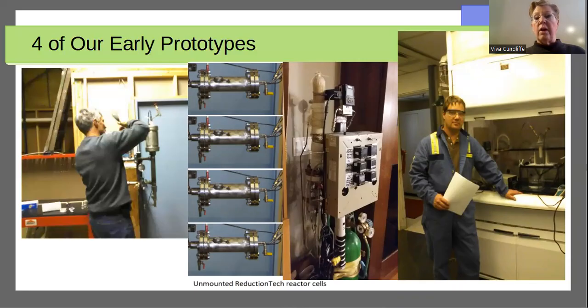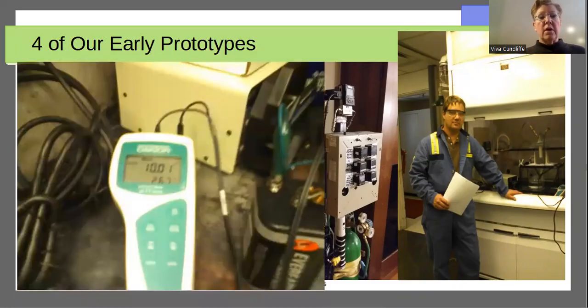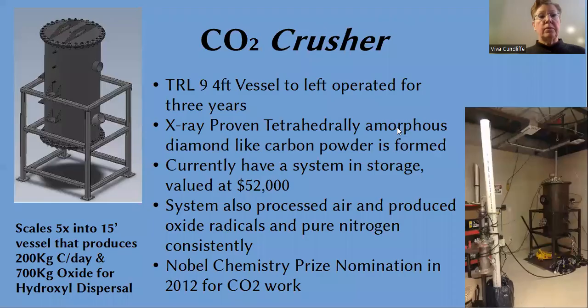And we had it verified that it was producing a high pH solution that was stable for several days in a row in water. This is Ray Woodley. He signed off on numerous runs to that effect. So this is a photo of our pH probe with a pH of 10.01. Again, that was a consistent pH reading.